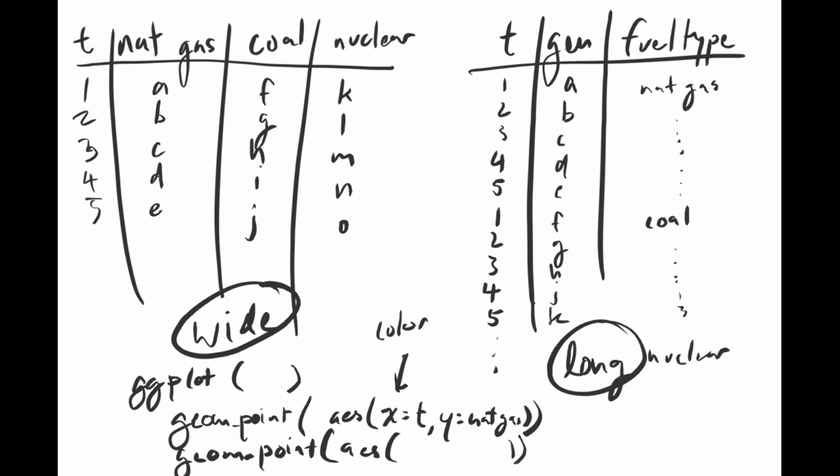Yeah, so basically you have to specify a different geometric, whether you're doing points or bar graphs or whatever else, as a separate layer.